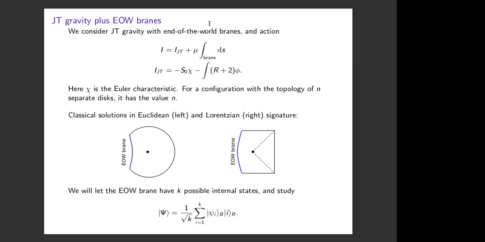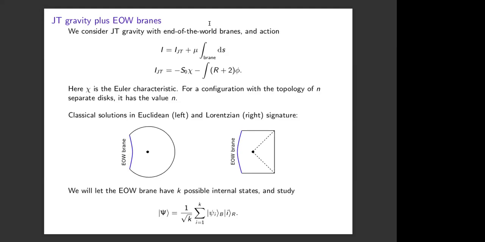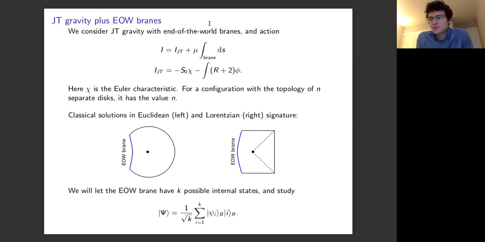You could in particular have in your model an end of the world brane hidden by a black hole of some entropy, where the total number of degrees of freedom of the end of the world brane far exceed the entropy of the black hole, if I understand. Yeah, that's exactly the regime that we want to be working in, because that sounds like something weird is going to have to happen there. And that would be allowed in your model. Yes, that would be allowed, but we'll see that gravity is smart enough to deal with that case appropriately.